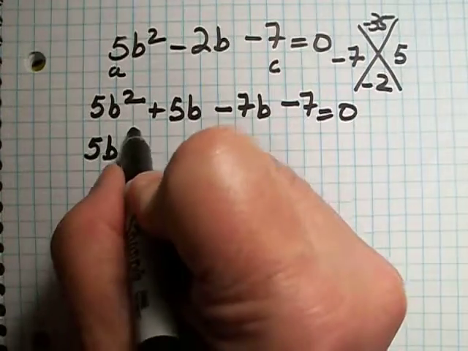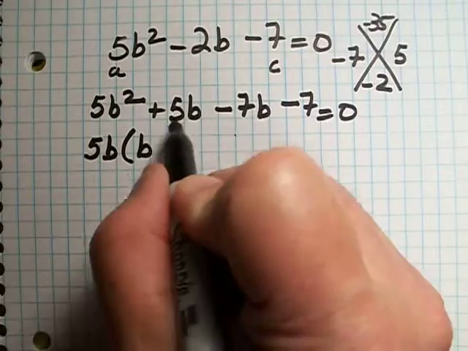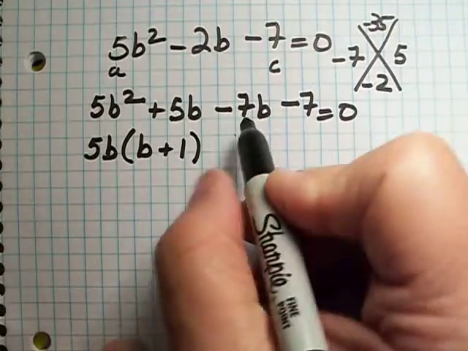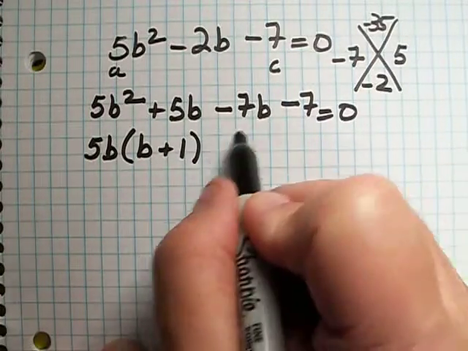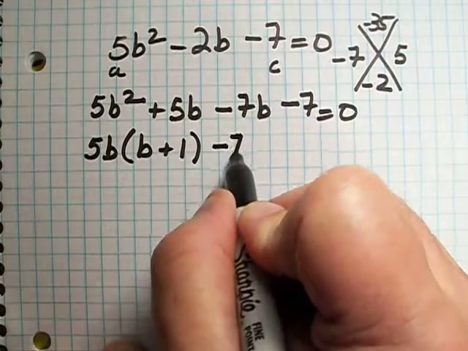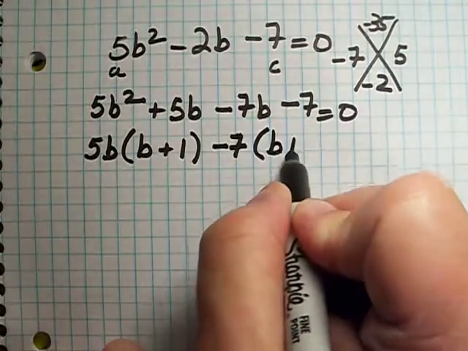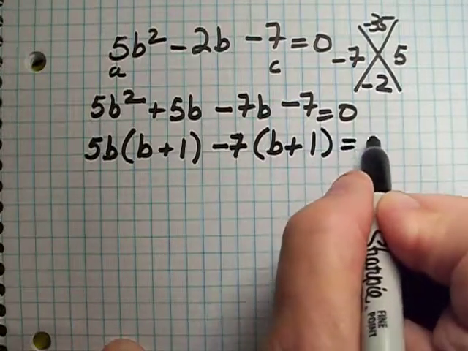5b will factor out. b plus 1. 7 will factor out, or negative 7 will factor out. b plus 1 equals 0.